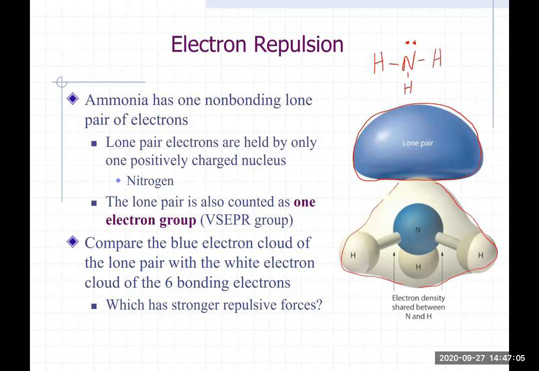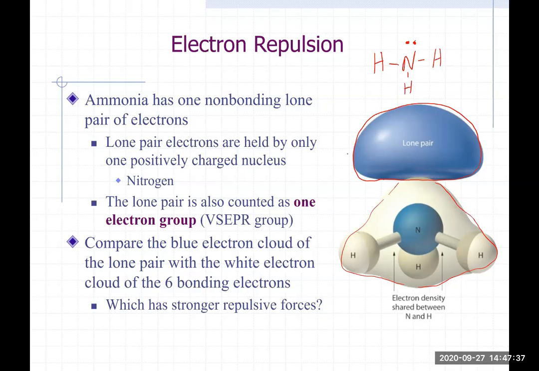This lone pair is only being held in place by 1 nucleus, and that is the nitrogen nucleus. So there isn't as much positive charge stabilizing these negatively charged electrons. And therefore, their electronic field and their associated energy with that electronic field is huge compared to the 6 electrons that are involved in the bonding interactions. This is going to have some real strong repulsive forces.